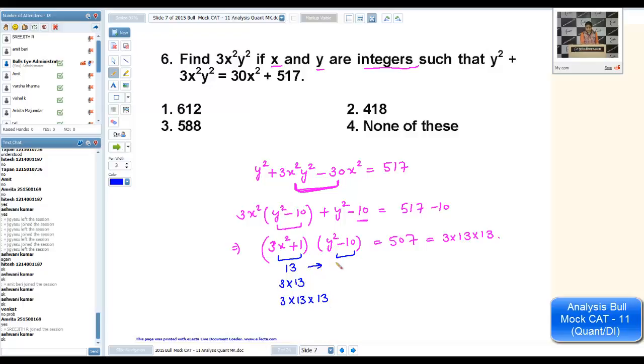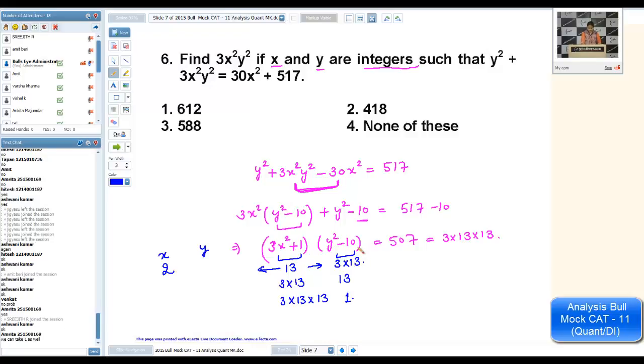Correspondingly, if I take 13 here, I'll get 3 into 13 here, I'll get 13, I'll get 1 here. There can be these many approaches. So, if I take the first case, I'm writing x and y's value. X value comes out to be 2.